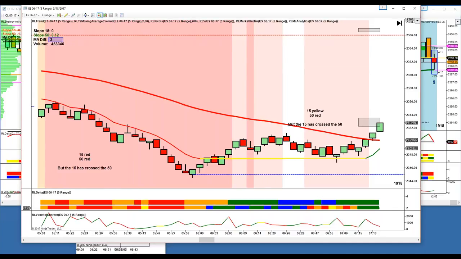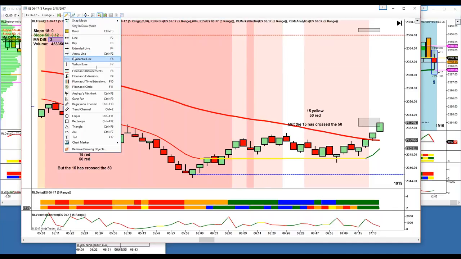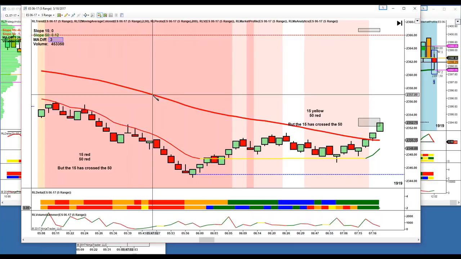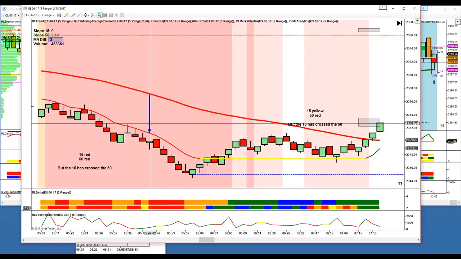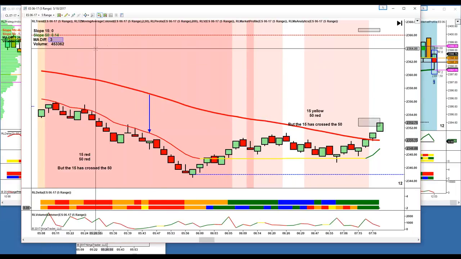Now, the MA diff is simply the distance between the 50 and the 15. As this widens, the potential for a successful short trade begins to get smaller.